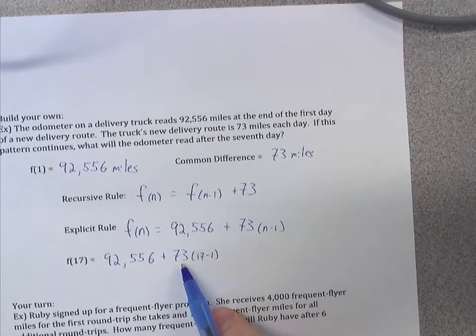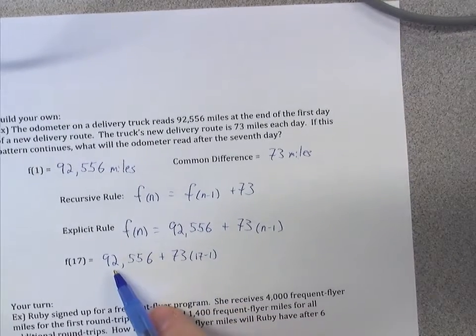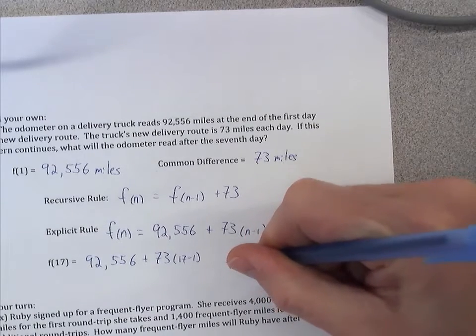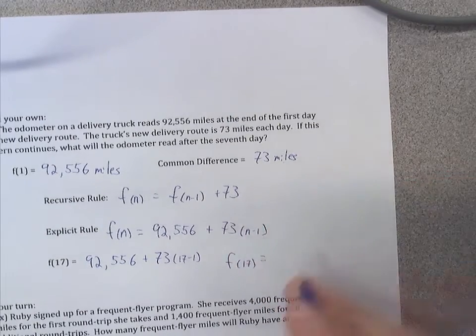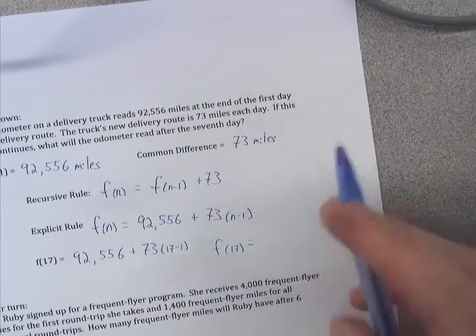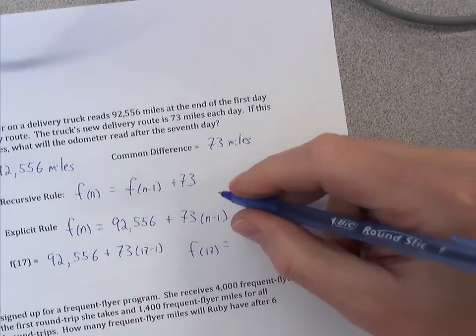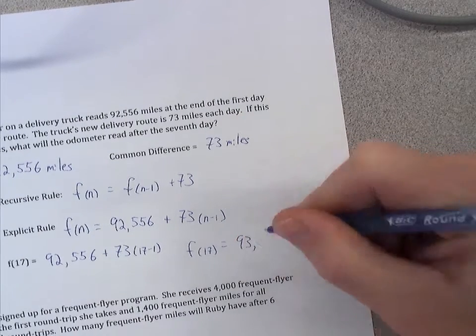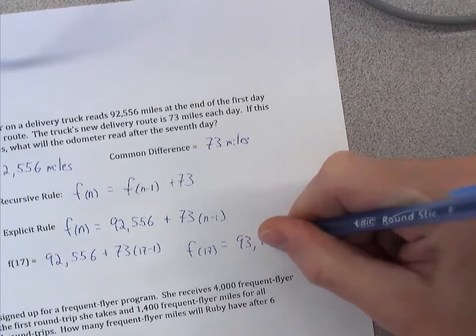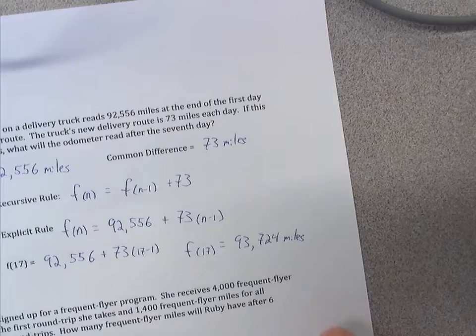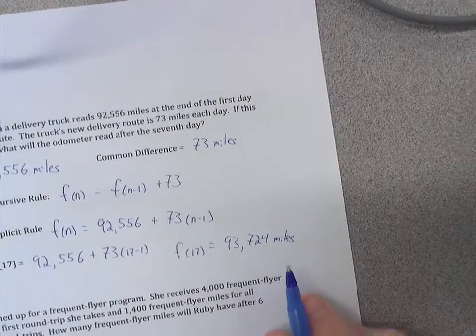Take 16 times 73, add that to 92,556, and what we find is that if n is equal to 17, then the function of n is going to equal 93,724 miles. Okay? So that's what that's telling us.